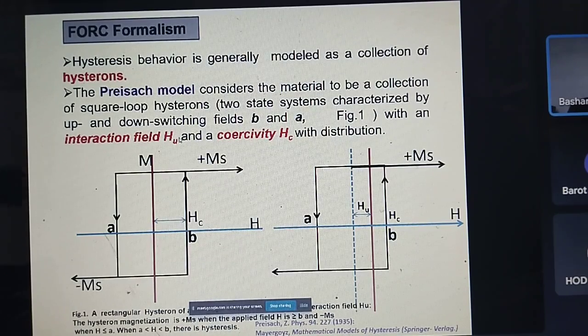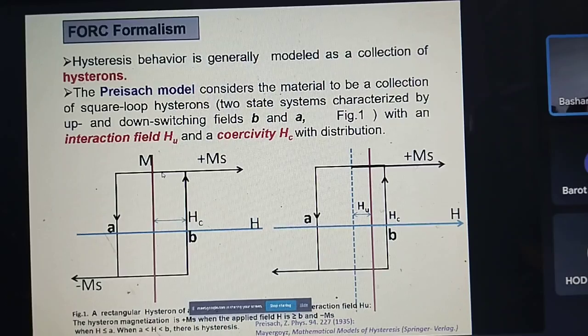For such a particle, FORC formalism requires that they behave like what are known as hysterons. So you see the hysteresis curve of a hysteron. It's an ideal hysteresis curve. We call this the Preisach model, which considers a material to be a collection of square loop hysterons.